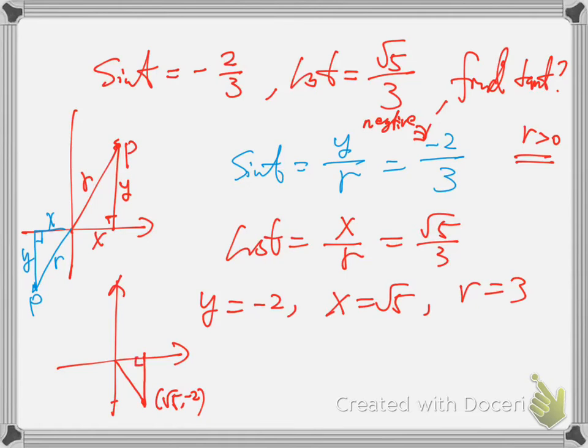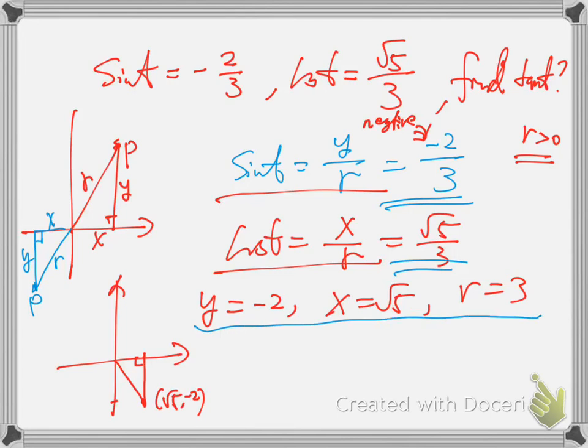Before you find x, y, and r, we don't know where the right triangle is. You just assume it's in the first quadrant and write down the definitions for the trig functions, and then you compare with the given values. Once you know x, y, and r, you can draw the real picture for the angle t. So this is negative 2, radical 5, and 3.